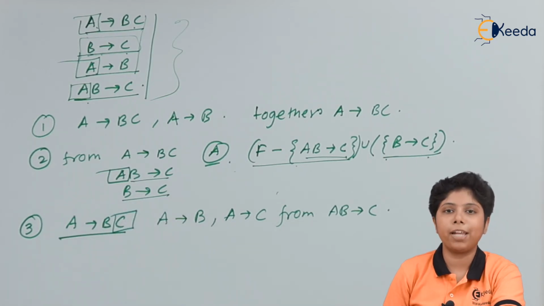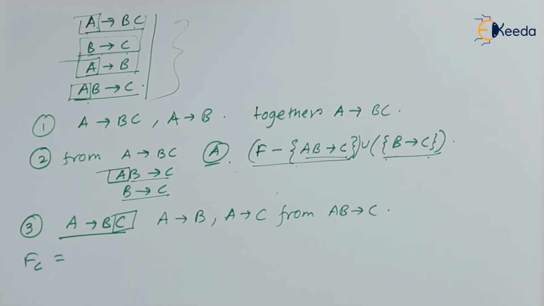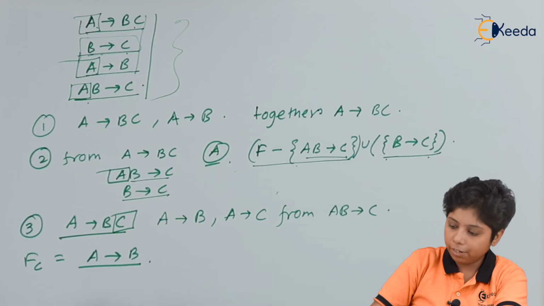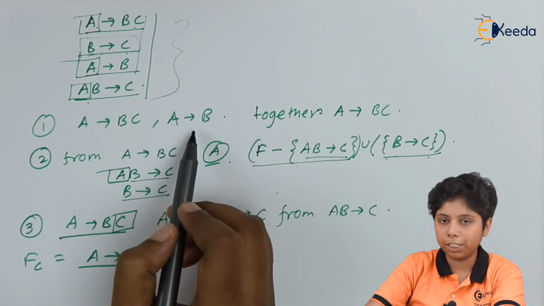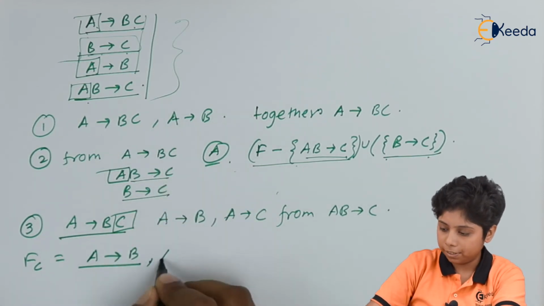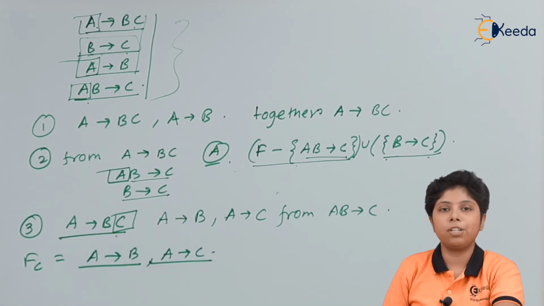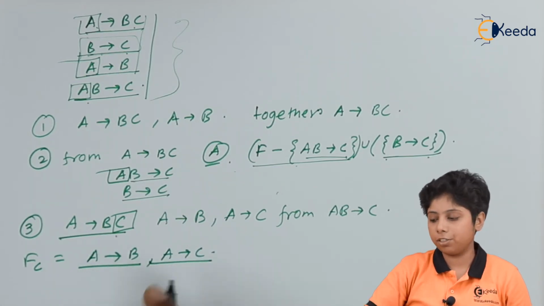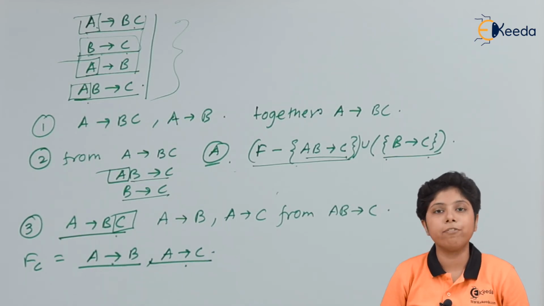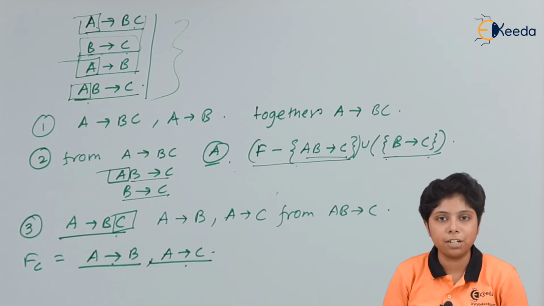So now in our canonical cover of Fc we have A defines B from this relation as well as A defines C from this relation. So now our canonical cover consists of two dependencies and we cannot make anything smaller than this.